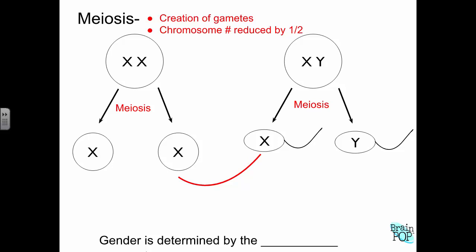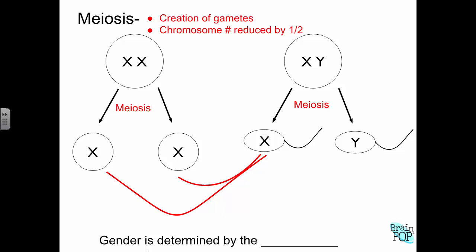What's the sex of the offspring? Female. Why is it female? Yeah, we have an X and an X. What about this X and that egg? Female, because we have an X and an X.